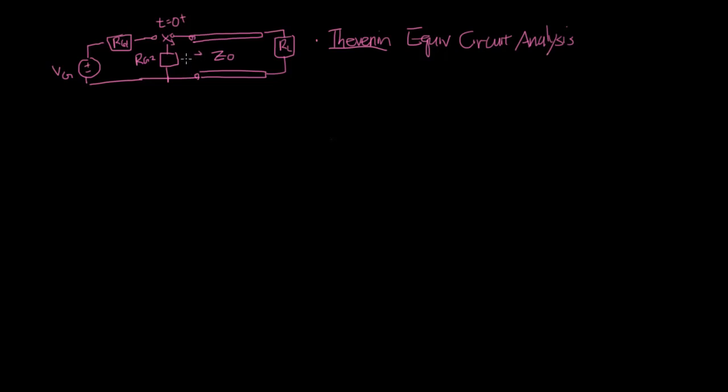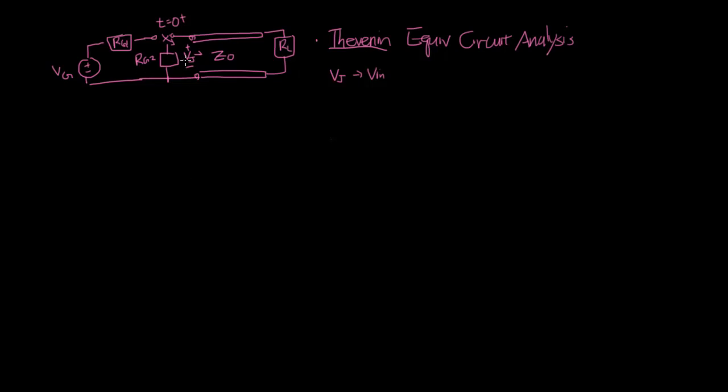I'm going to call the voltage over here Vj. Note that Vj, or V junction, in this case is equal to Vn. But I'm calling it Vj so that I can generalize it, because this can also happen on the load side, in which case Vj would be equal to Vl.